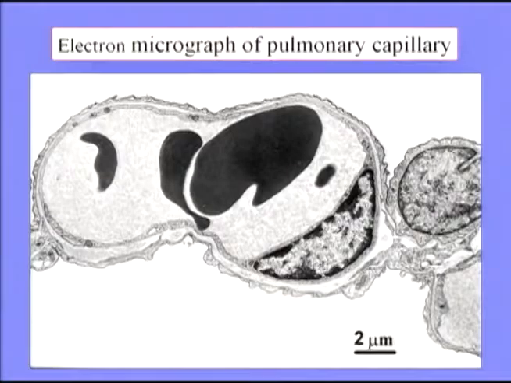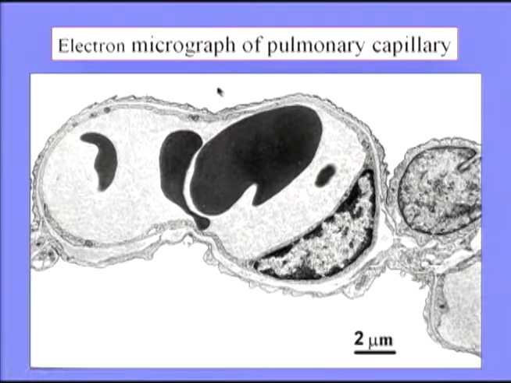And so we should start by reviewing the information about the anatomy, the histology, the fine structure of the gas exchanging regions. And here's an old friend. It's an electron micrograph of a pulmonary capillary. And it reminds us that on one side, the thin side of the capillary, we have a type 1 alveolar epithelial cell here with its cytoplasm stretching out over the outside of the blood gas barrier.